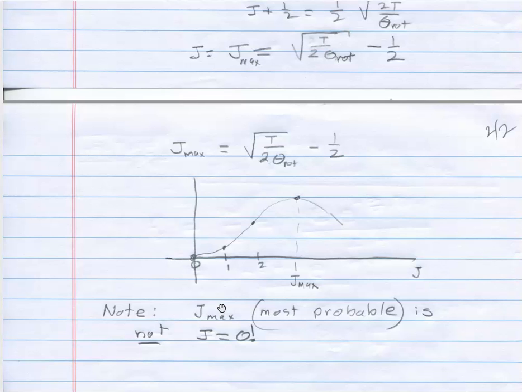This is a kind of surprising result, that you'll get a distribution in terms of J, and in general, most of the particles will not be in the J equals 0 state of these rigid quantum mechanical rotators.